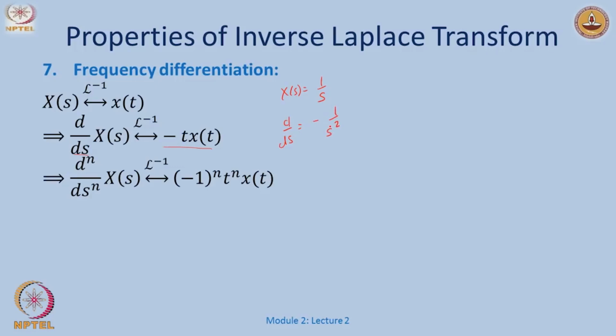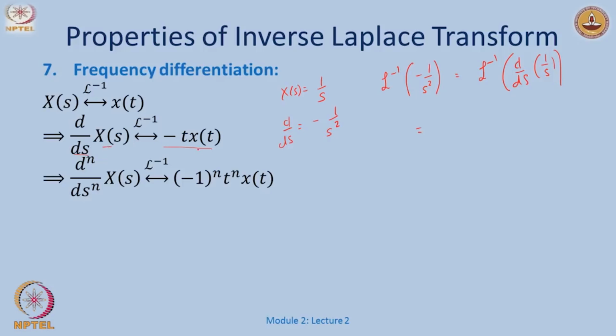Okay. Now, the inverse of minus 1 over s square is the inverse of d over ds of 1 over s. What is the original signal?